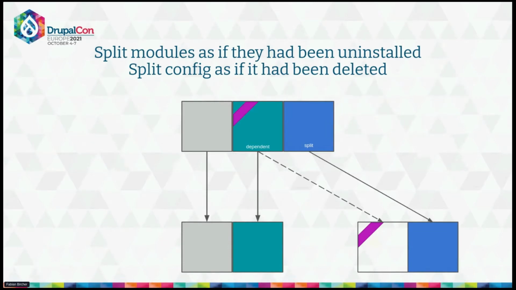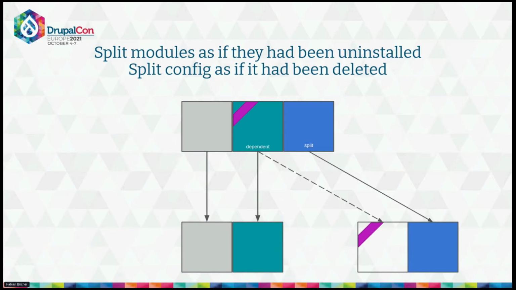the configuration or the module that you have may create dependencies. So some configuration may depend on your module, and in config split 1.x, it would just split all of the tree. All of the things that depend on the stuff you split get also split.